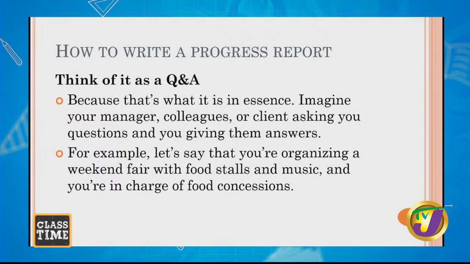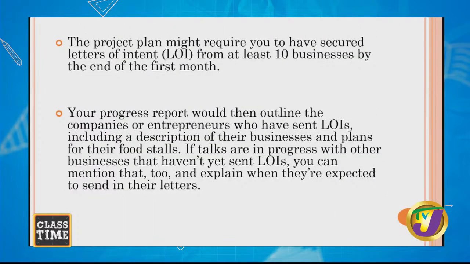For example, let's say that you're organizing a weekend fair with food stalls and music, and you're in charge of food concessions. The project plan might require you to have secured letters of intent from at least 10 businesses by the end of the first month. Your progress report would then outline the companies or entrepreneurs who have sent letters of intent, including a description of their business and plans for their food stalls.